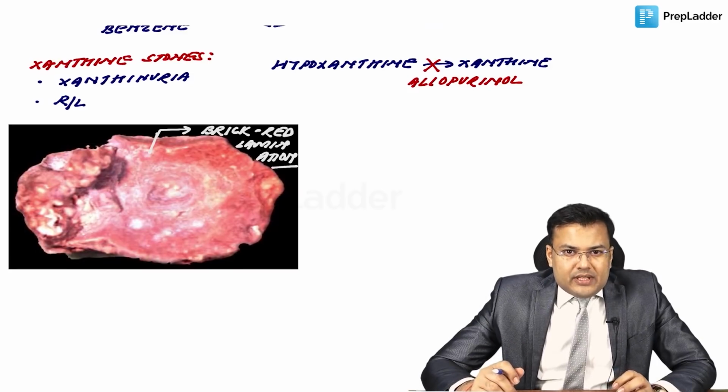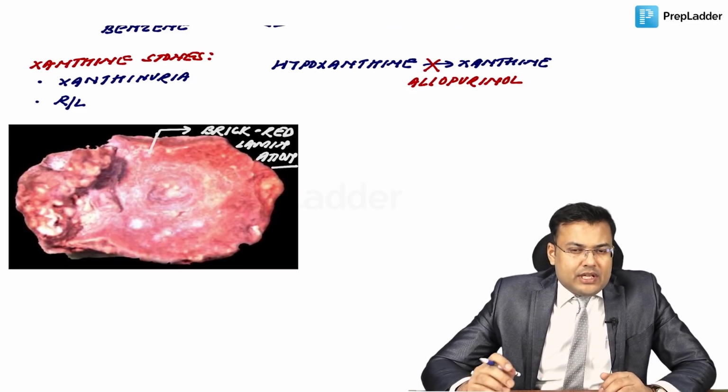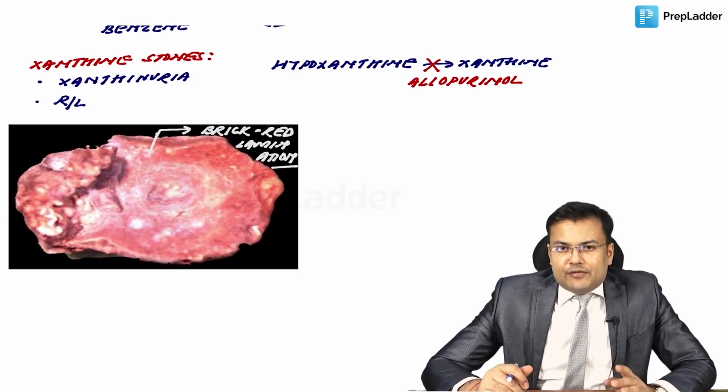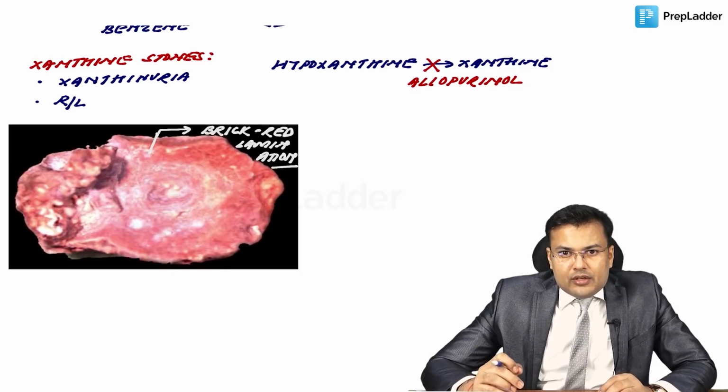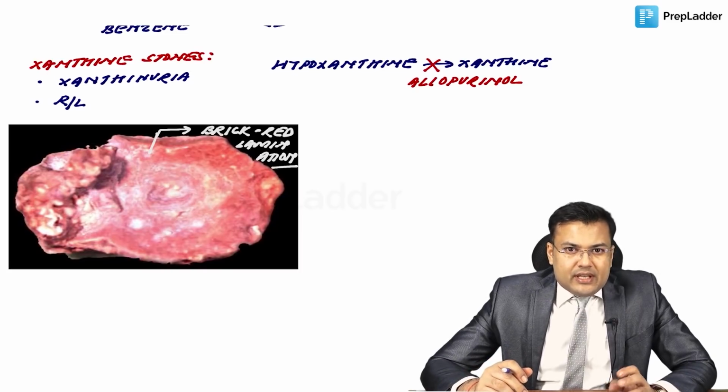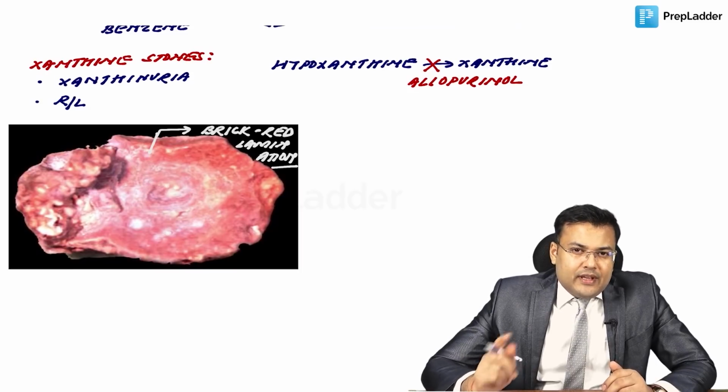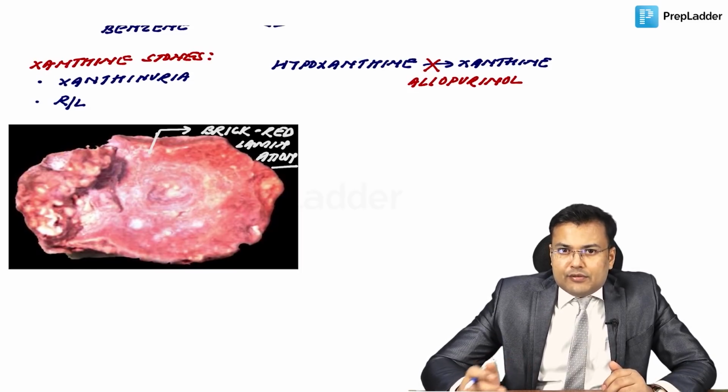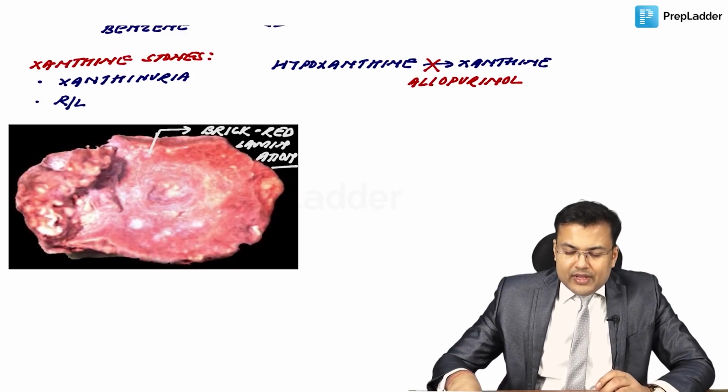Nowadays in exams, drug induced stones are also asked. Suppose somebody is taking triamterene. Triamterene is a potassium sparing diuretic, and because of excessive intake of triamterene there is formation of radiolucent stone. Suppose an HIV positive patient is taking a protease inhibitor, indinavir. Because of excessive intake of indinavir also there is formation of radiolucent stone.